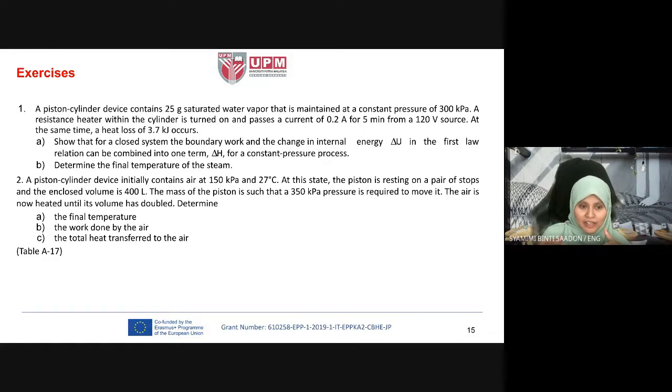And from 2 to 3, the air is heated until its volume is double. So if you want to illustrate the process from 1 to 2 and 2 to 3, try to sketch the PV diagram, pressure versus volume, so that you can see whether the pressure or the volume changes within the process.